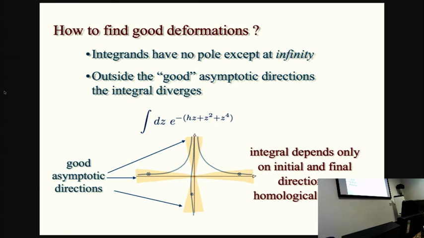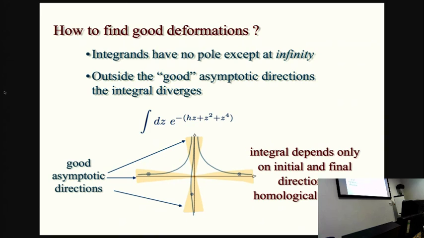So you see what happens. Any contour that goes from one region to this other one, it doesn't matter what it does in between, is going to give me the same integral by Cauchy's theorem. However, if I try to switch from a curve like this, say the real axis, into something that starts but ends in a different direction than the other one, I get a completely different answer. And that's essentially one way of thinking about it, is that this integrand has a pole at infinity that you're crossing.